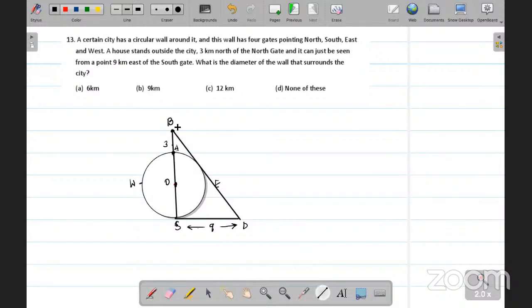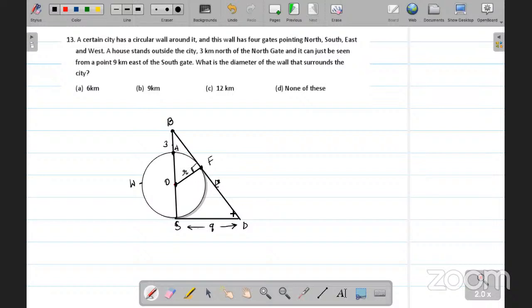Now, what I'll do is, I'll just connect these two. Now, you'll appreciate that from O, if I drop a line on the point of tangency, this is the point of tangency. Let's call it F. So F is the point of tangency. So you will appreciate that OF is equal to the radius of the circular wall.